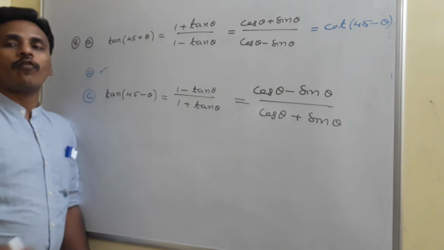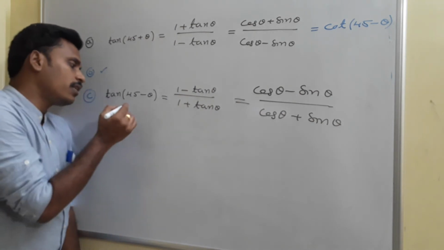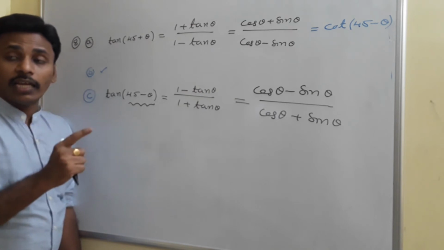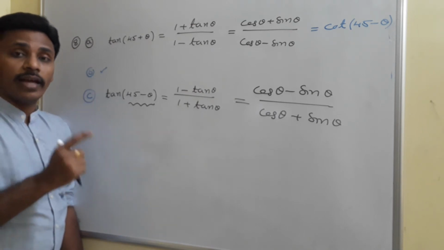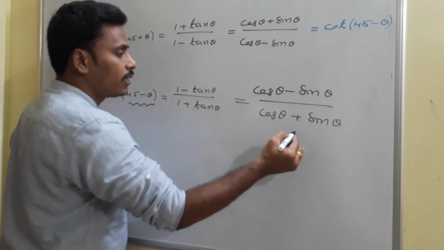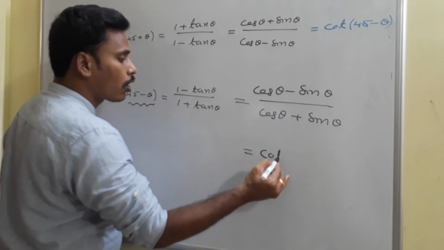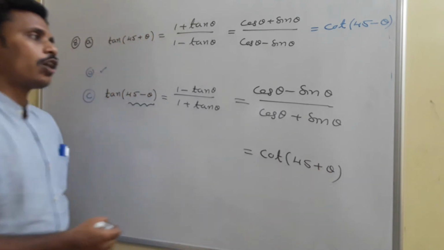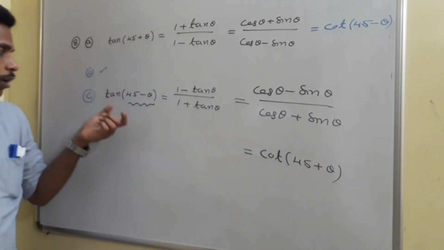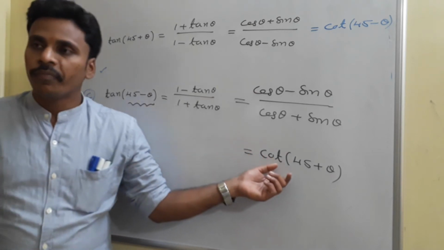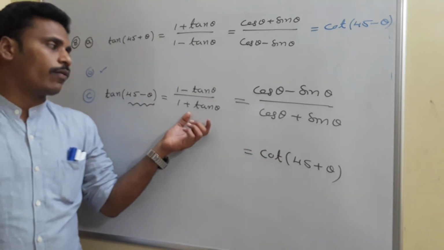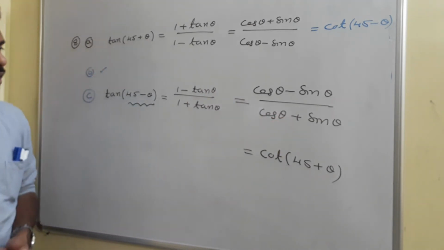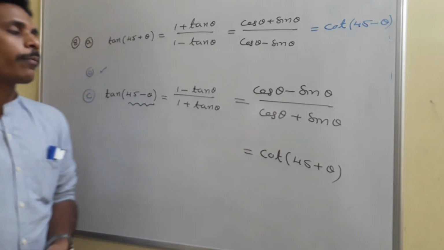And since it is tan of 45 minus theta, see this angle is 45 minus theta, and identify another angle whose sum becomes 90. Then with that idea, this is again equal to cot of 45 plus theta. See, cot of 45 plus theta and tan of 45 minus theta both are equal, and equal to this (1 minus tan) by (1 plus tan), and that is equal to (cos theta minus sin theta) by (cos theta plus sin theta).